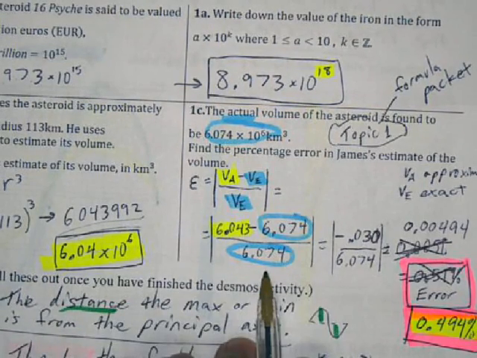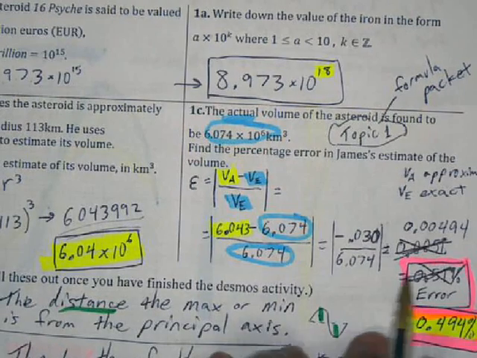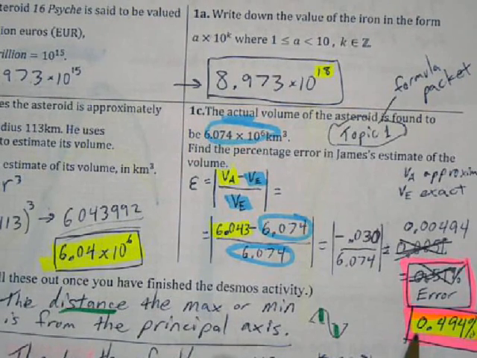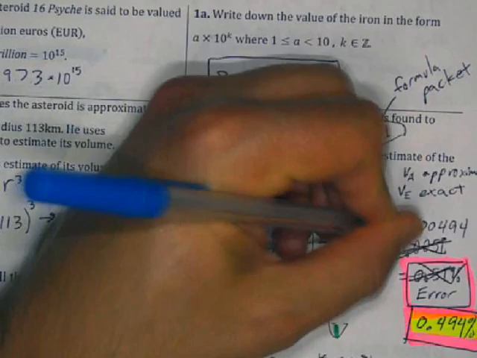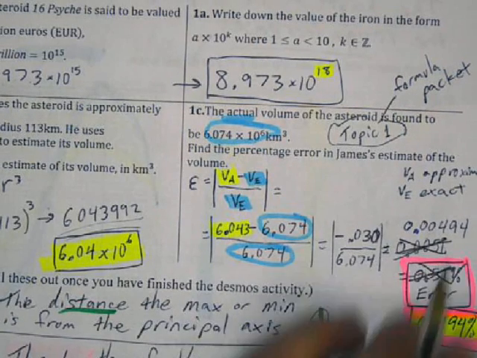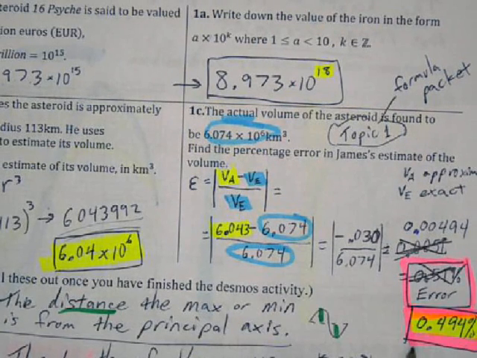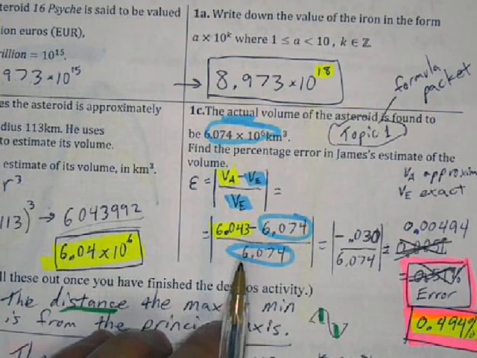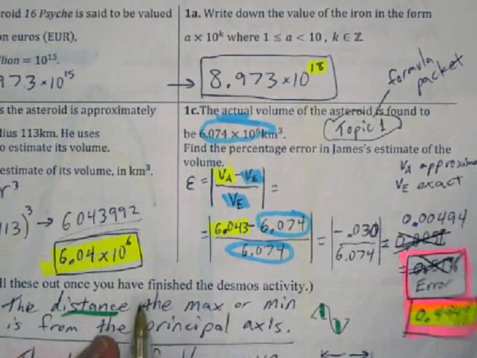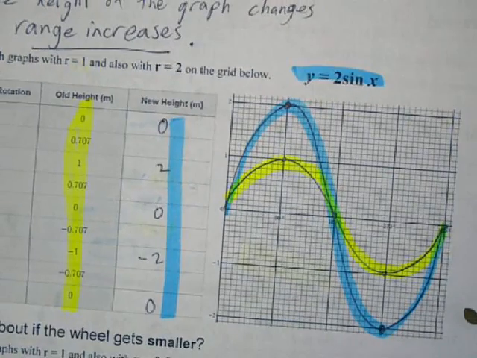Then I calculate it, and I get 0.00494, which simplifies to 0.494%. We'll be doing the definitions after we talk about our Desmos activity. I'm just going to discuss the values because you did this during class.